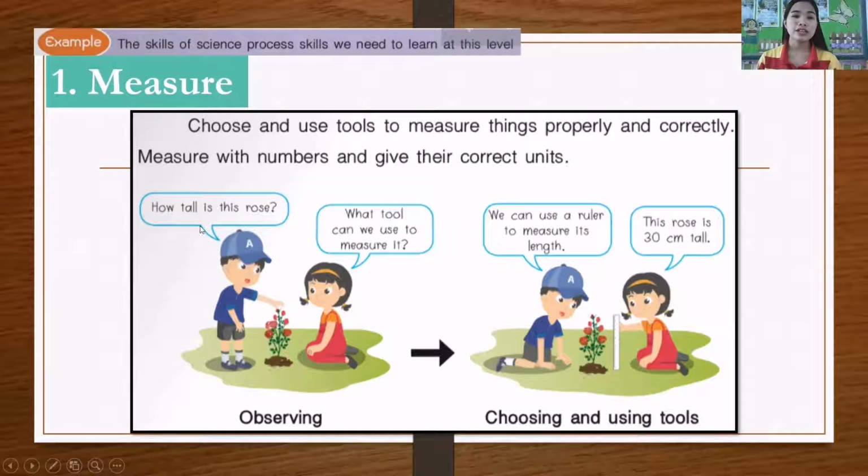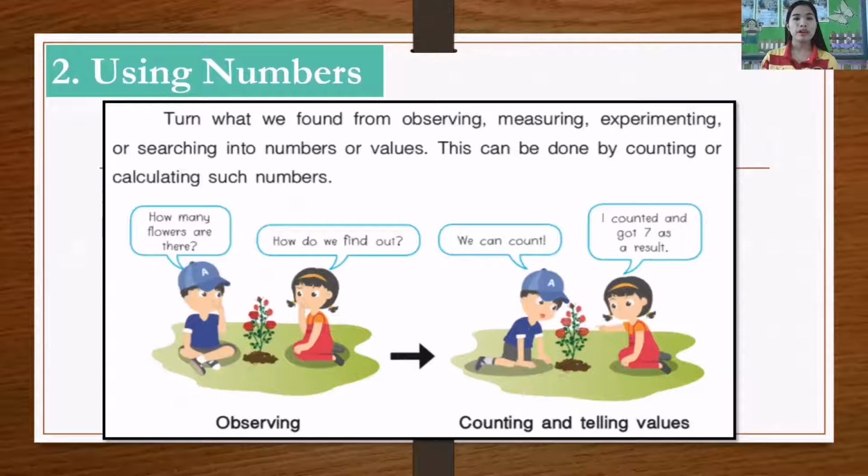Here is an example. The boy is asking how tall this rose is. They are going to measure the flowers. So that is number 1, which is measure. Number 2 is using numbers.